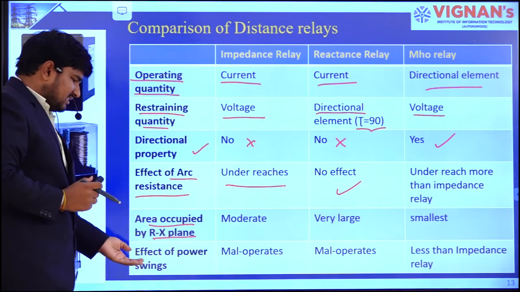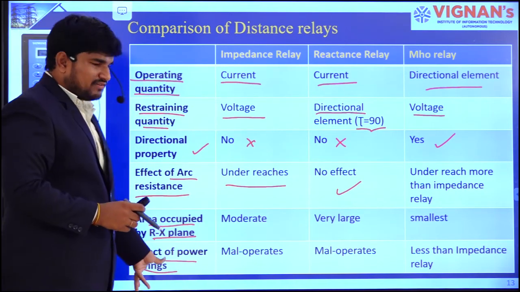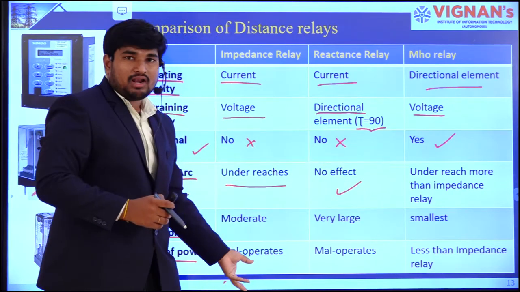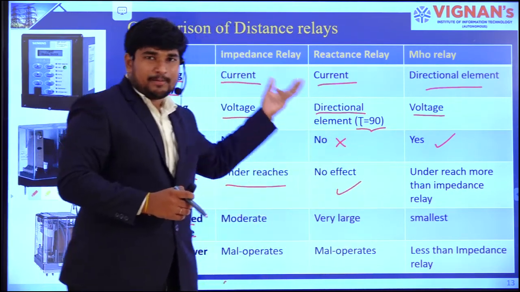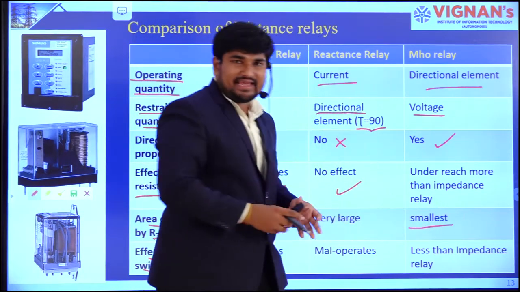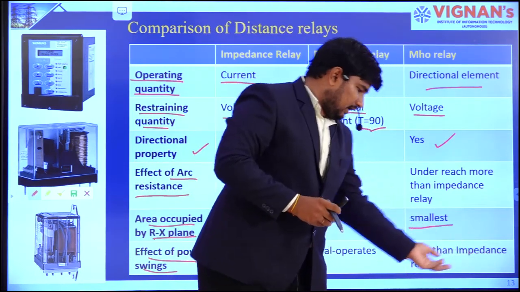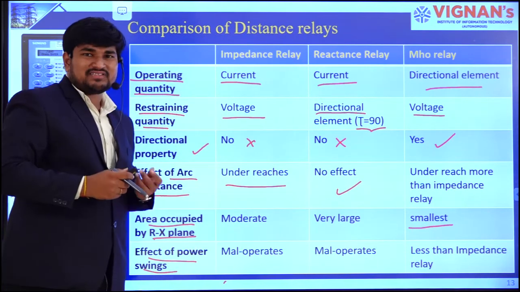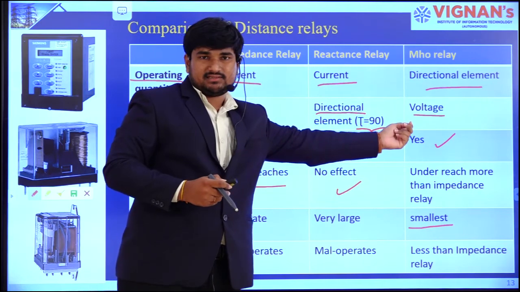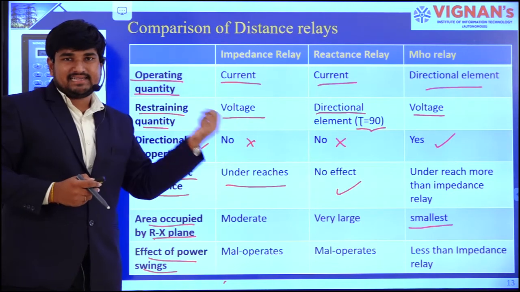And the last comparison is the effect of power swing. Because of power swing, both impedance type and reactance type relays maloperate, right? But as the Rx plane area is very small in the Moore relay, the effect of power swing is very less in Moore relays, right? So these three are the comparison of the three types of distance relays.